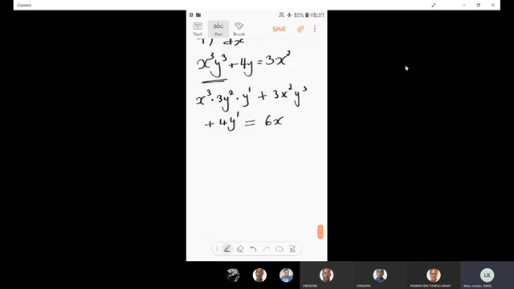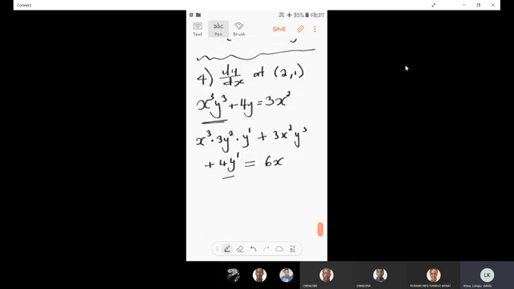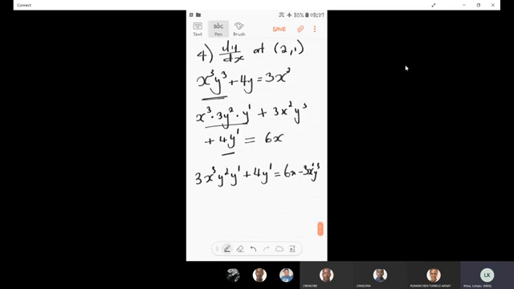So I need to collect the terms with y prime. So there's this one, and there's that one. Let's see if we can simplify it first. So I have 3x cubed y squared y prime plus 4y prime. This is equal to 6x minus 3x squared y cubed. Then you factor out y prime.